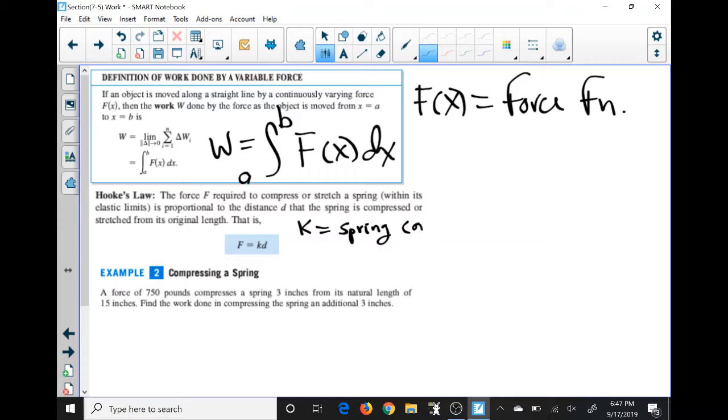The spring constant is a result of the design of the spring, whether it's a coil spring or some other type of spring like a leaf spring. It's also a result of what the spring is made of, steel, rubber, something that has elasticity to it and is being used as a spring. So that's what contributes to the spring constant. And then D is the displacement of the spring from its equilibrium.